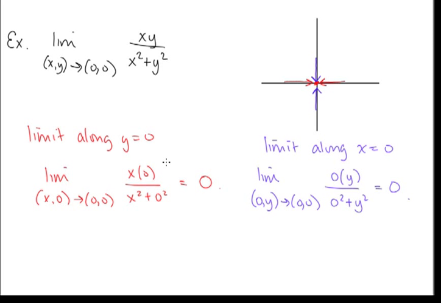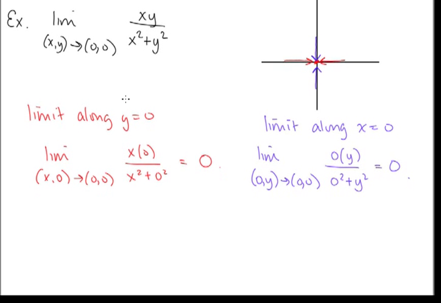Okay, well the limits are the same then, going in these two directions. Does that mean it's the same everywhere? No. It means that the two directions we looked at have the same limit. But for this particular limit, there is another direction in which the limit is different. Let's take a look at that.